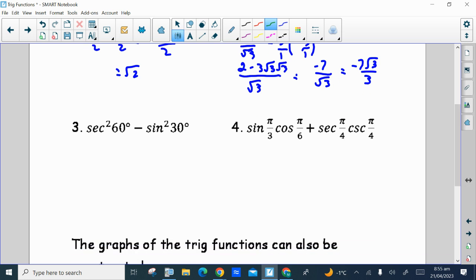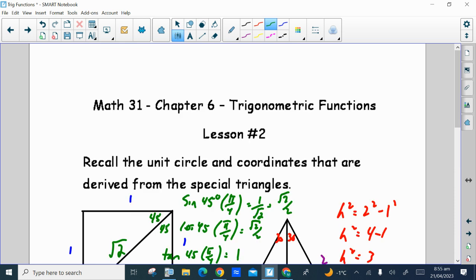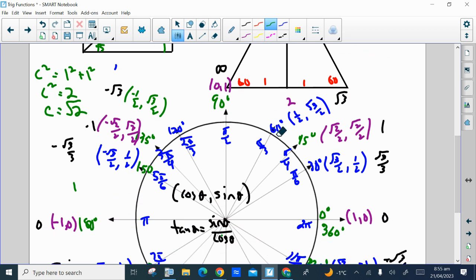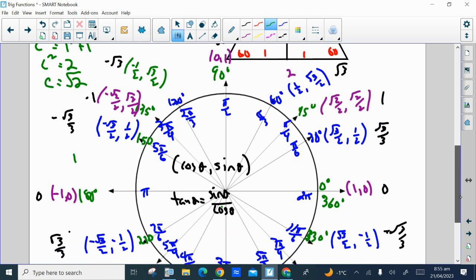Looking at number 3, we want the secant squared of 60, which is the secant of 60 all squared, minus the sine of 30 degrees all squared. So back to the unit circle we go. At 60 degrees, we want the secant, which is the reciprocal of cosine. The cosine is 1/2. So the secant will be the reciprocal 2/1.